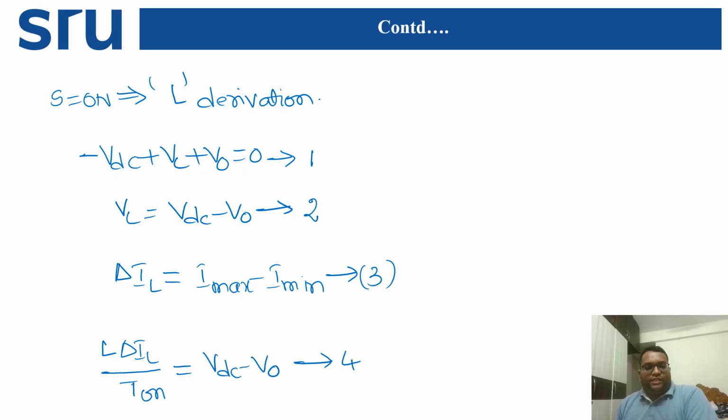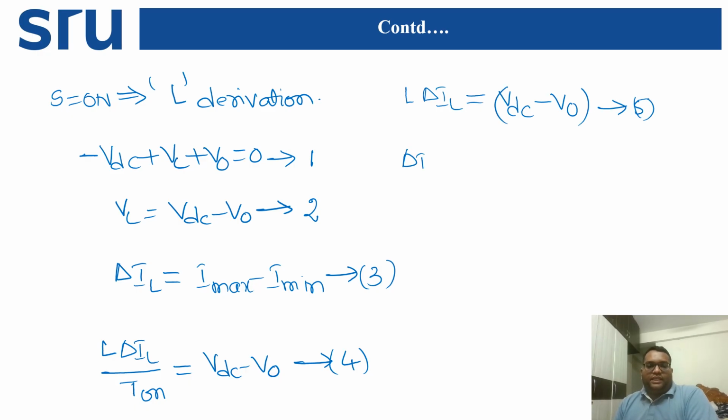Let us take it as equation number 4. Then delta IL is I maxima minus I minima. L into delta IL will be on one side, and VDC minus V naught on the other side. Let us take it as equation number 5.